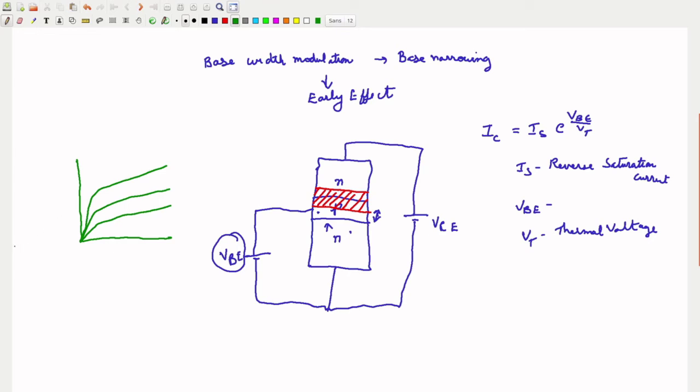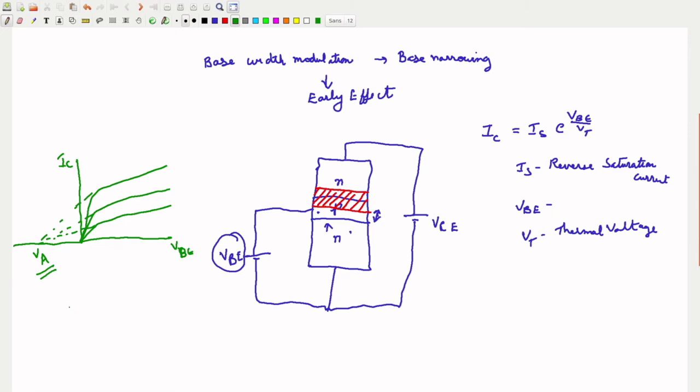And if we plot this backwards, it converges to a point, which is VA, the voltage at which the collector current IC is 0. This voltage VA is known as the early voltage.